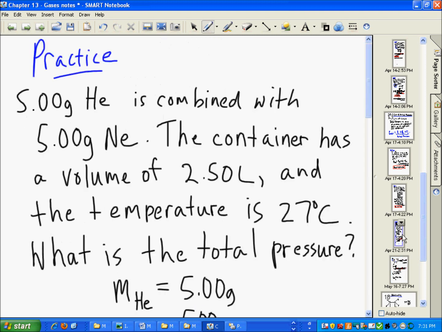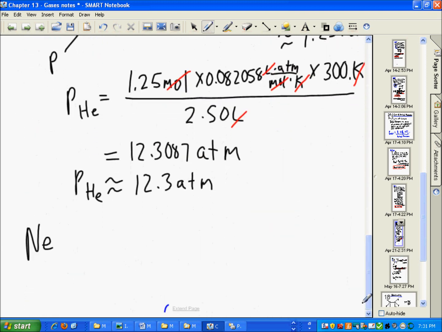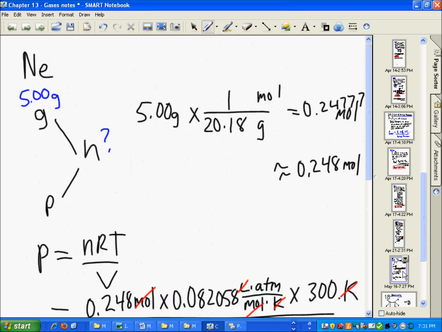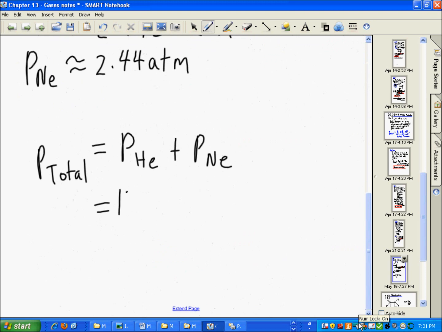And our helium was 12.3 atm. And our neon is 2.44 atm.